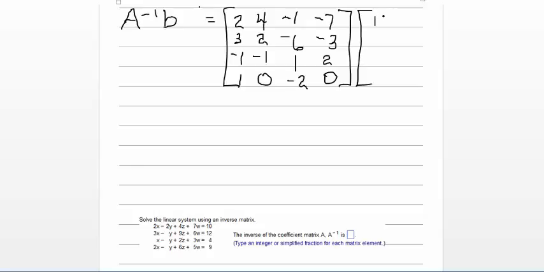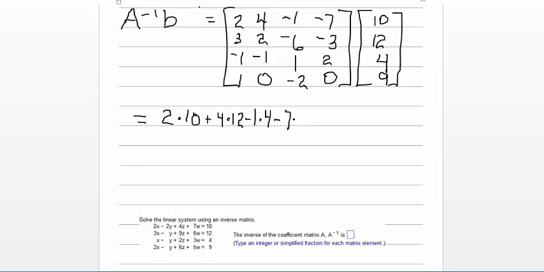I'll call that matrix B. That's a column matrix. And we see that those constants on the right side of the system of equations were 10, 12, 4, and 9. So we're going to multiply that column matrix by our A inverse.